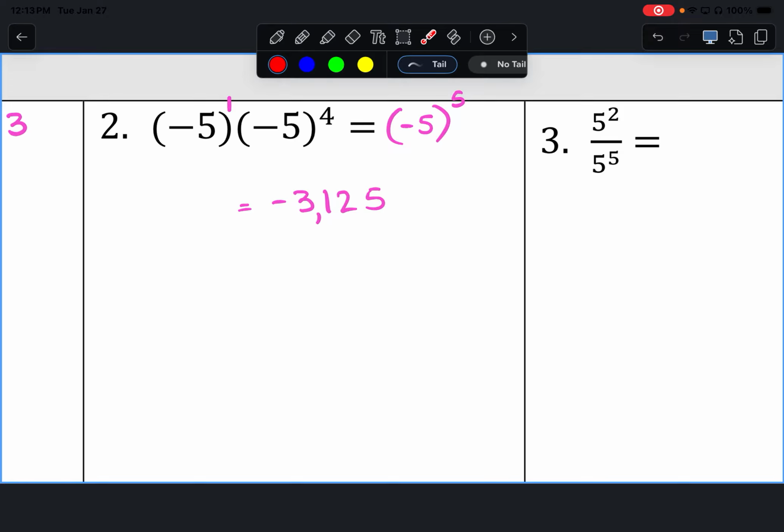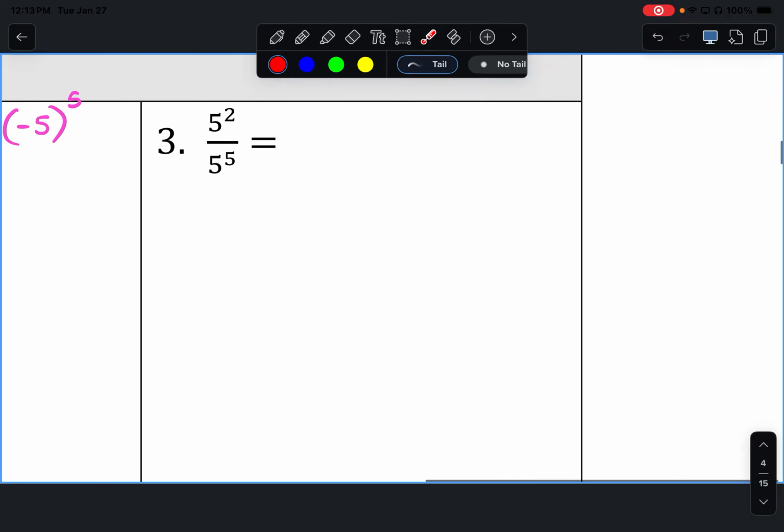Now, for number 3, when we have two things with the same base that are being divided, what do we do with our exponents? Subtract. So this should be 5 to the power of 3 minus 6, which is 5 to the -3. Now, when we have a negative exponent, that is what causes our term to move. If it's in the numerator, it's going to move down to the denominator.